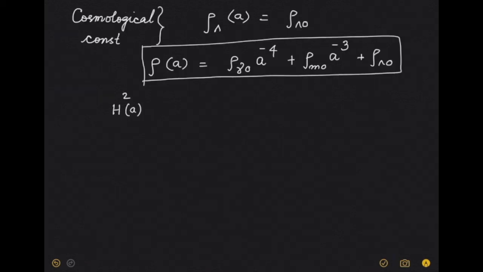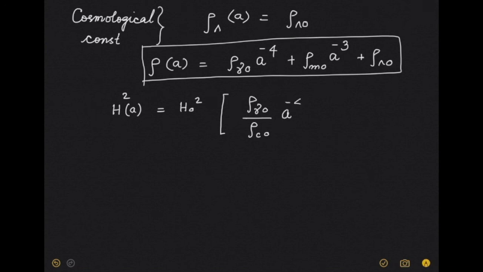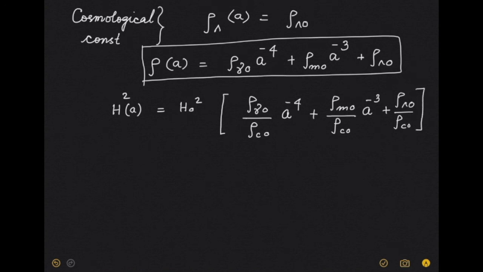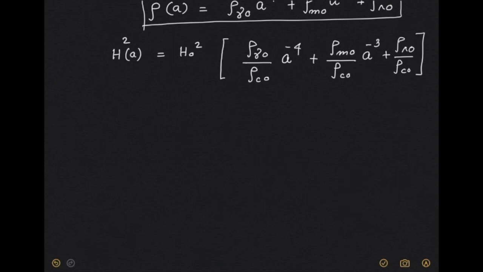I can write h of A square is h naught square times, this is the entire rho, so that has rho gamma naught, and remember I had rho critical naught in the denominator, times a to the minus 4, plus rho matter naught by rho critical naught in the denominator, a to the minus 3, plus rho lambda naught by rho critical naught in the denominator.